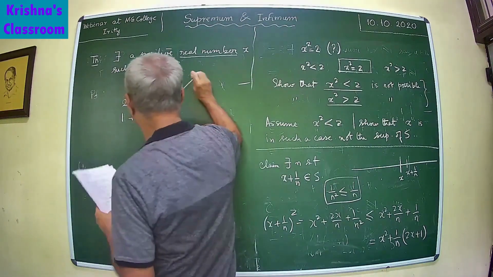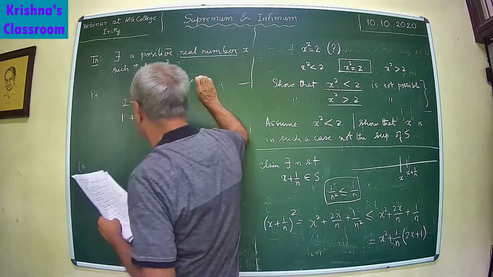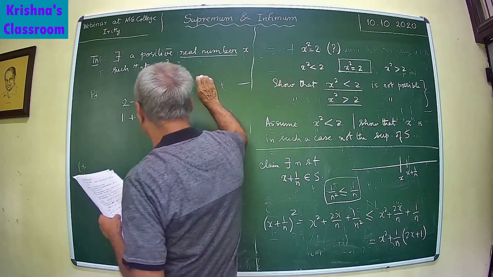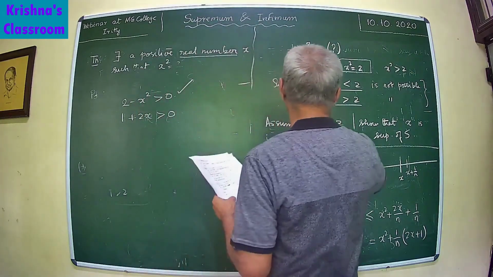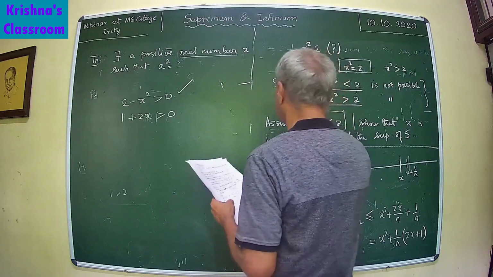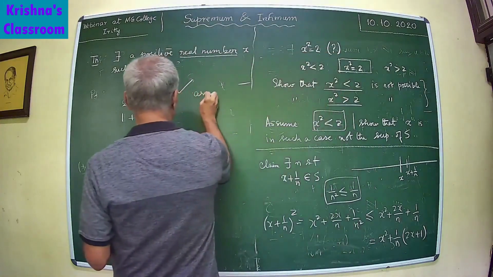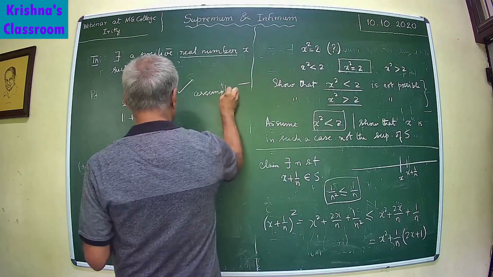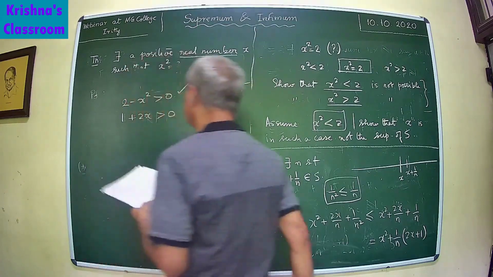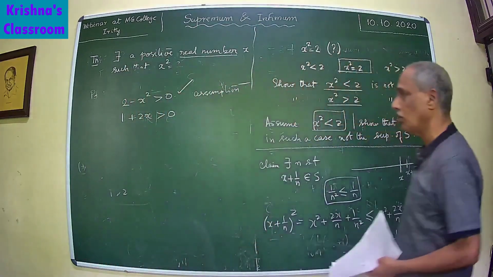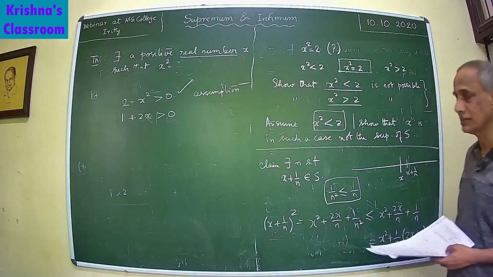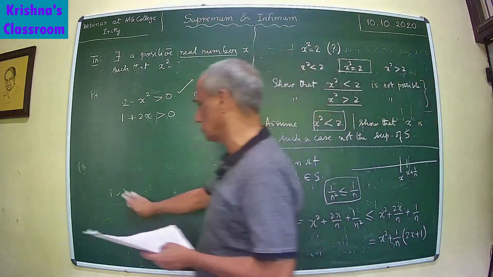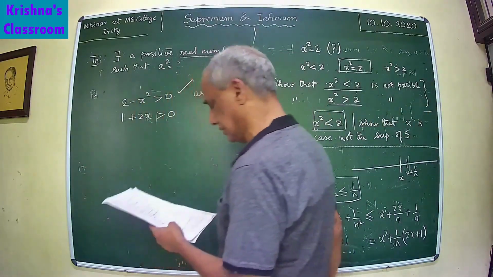This comes from our assumption that x square is less than 2. And 1 plus 2x is obviously positive because x is taken as positive. So that is positive.